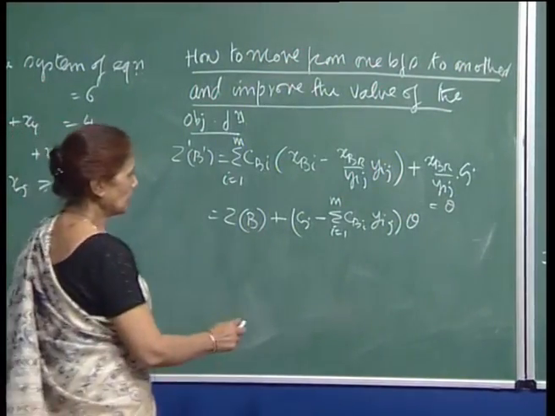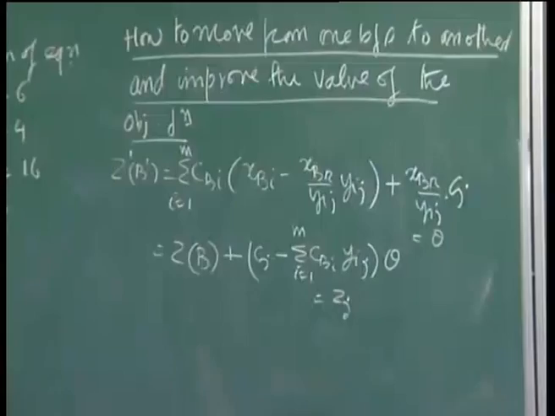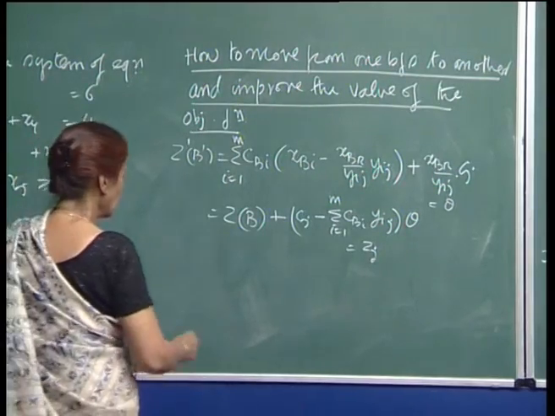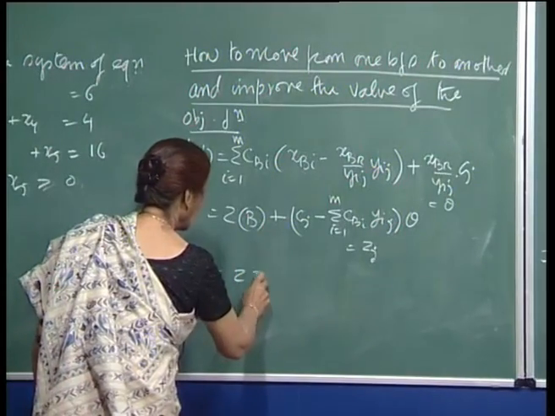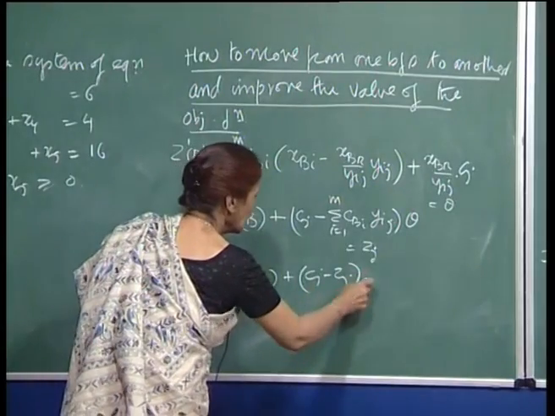Now, we give this quantity a special name. Let me call it Zj, corresponding to the column Aj, right. So, this is equal to Zb plus Cj minus Zj into theta.